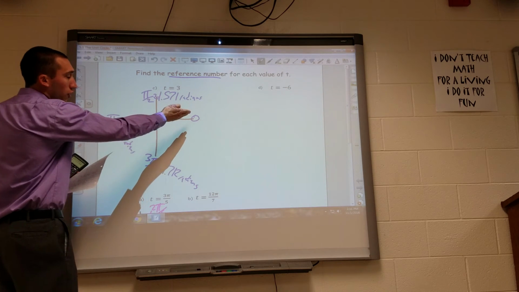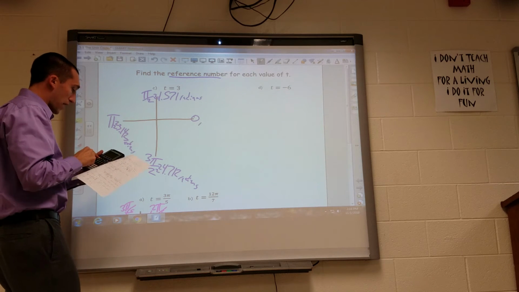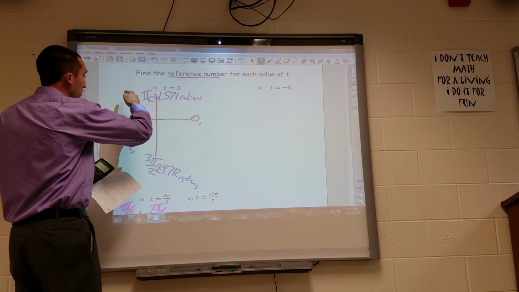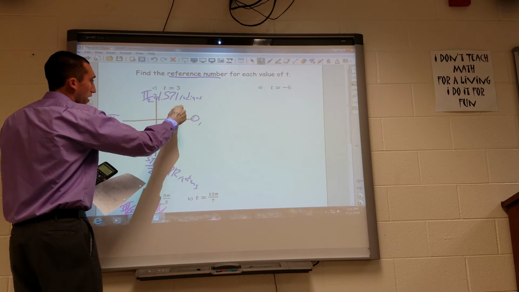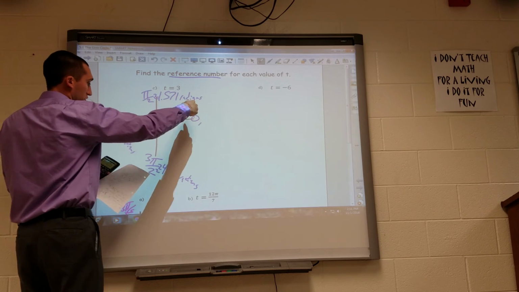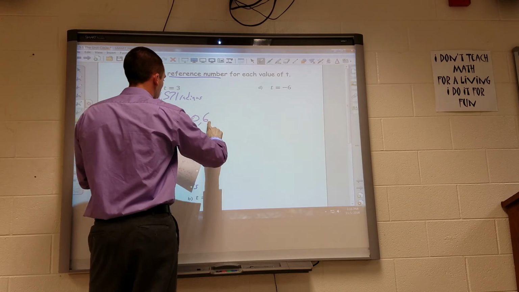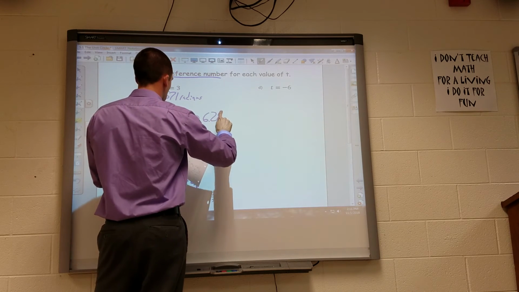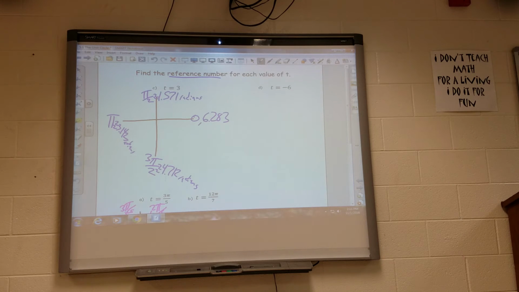And then also 0 would be 0 radians, or 2 pi, because that's 2 times around. You want to think of it as halfway, all the way, to get to a straight line again. So 2 pi is 6.283 radians.